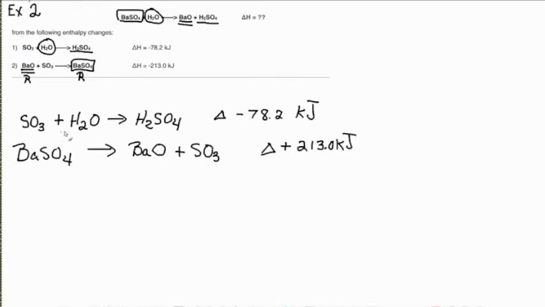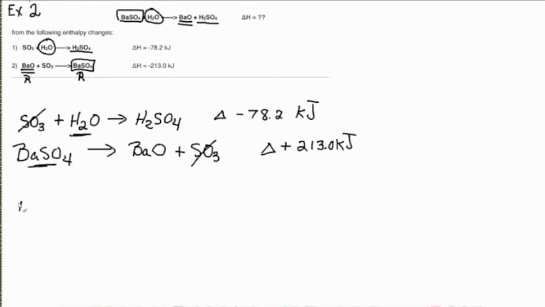Now let's go through and make sure everything adds up the way it needs to. We have SO3 here on the reactant side, and we have SO3 on the product side, so those two cancel each other out. And then what we're left with on the reactant side is barium sulfate and water.